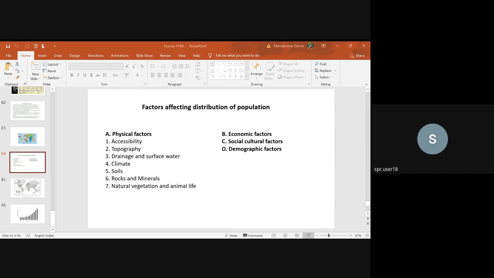Now, normally, because the scale of the world is so huge, and you are placing near to 8 billion of population on this world map, it would be difficult for the person to understand the map. And that's why what is normally done is that they divide the world population into high populated areas, moderately populated areas, and low populated areas as such. And the same thing is done here.